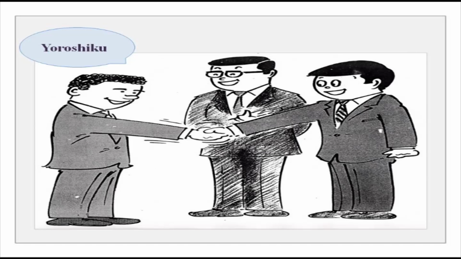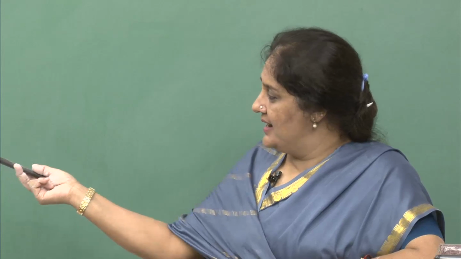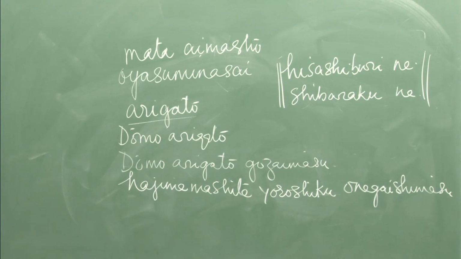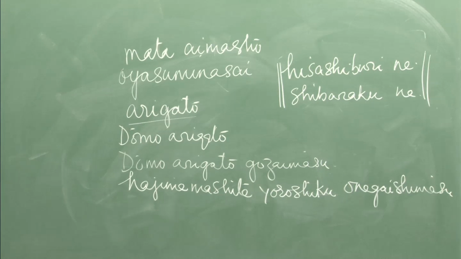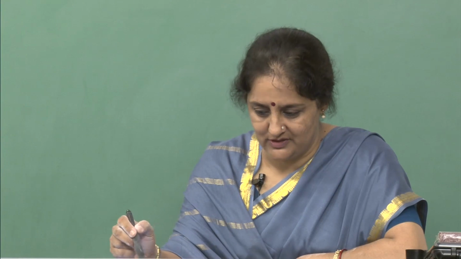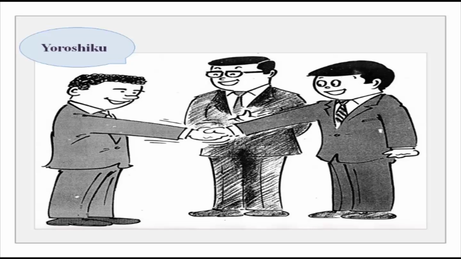You do not have to repeat the whole phrase hajimemashite, yoroshiku onegai shimasu. And both parties have to say exactly this, hajimemashite, yoroshiku onegai shimasu. Watashi wa Tanaka desu. Watashi wa Rao desu. So, that is how you would introduce yourself.